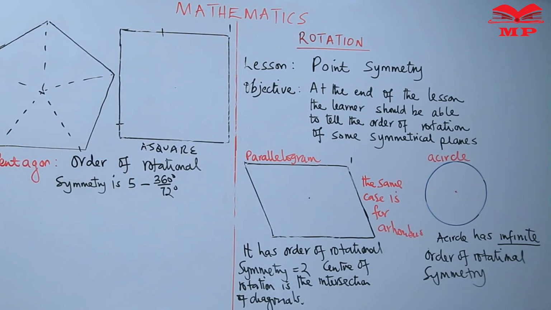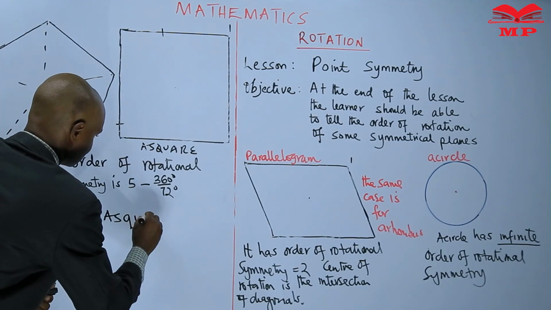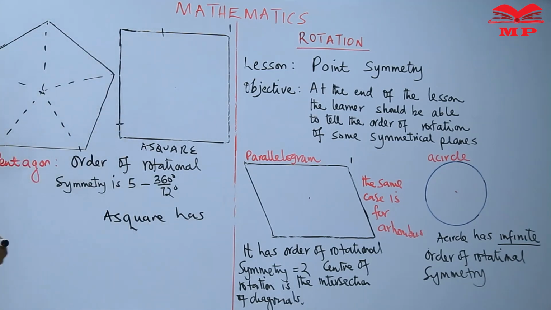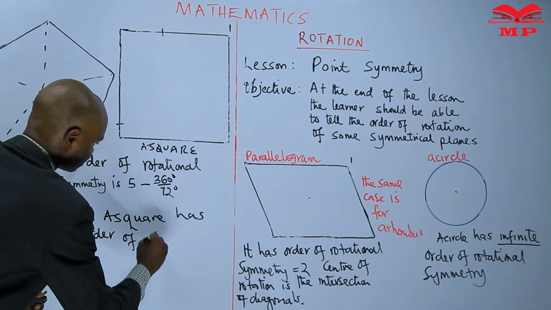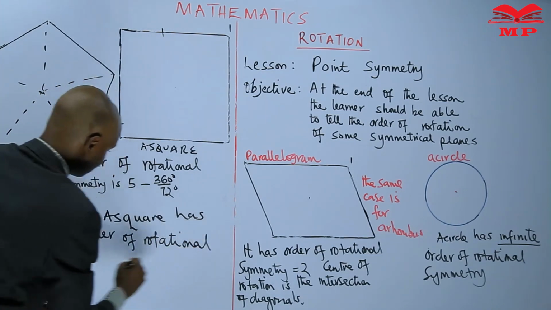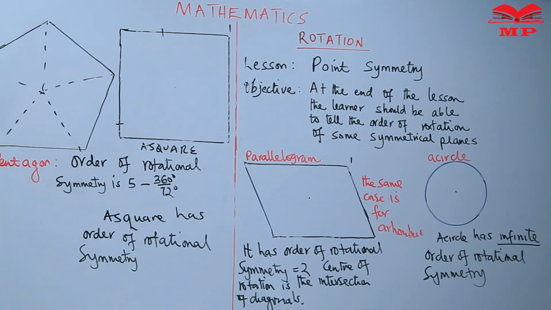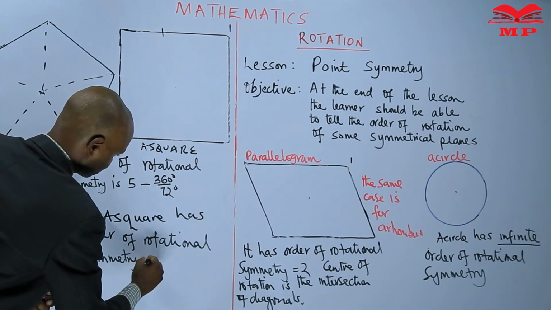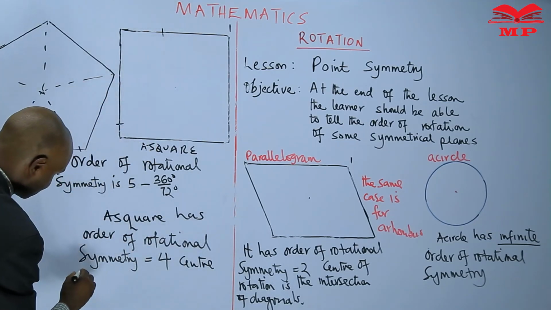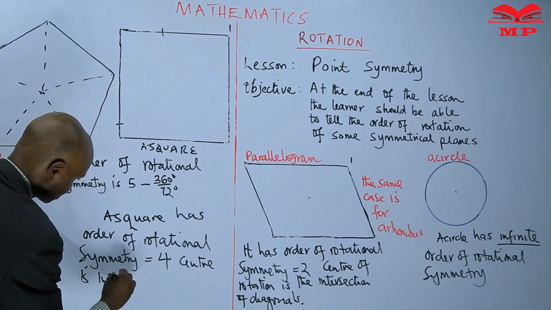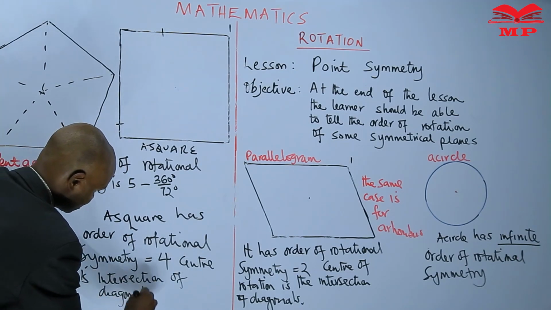So we say a square has order of rotational symmetry equal to 4. Center is intersection of diagonals.